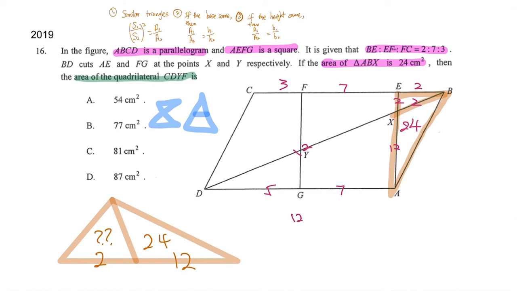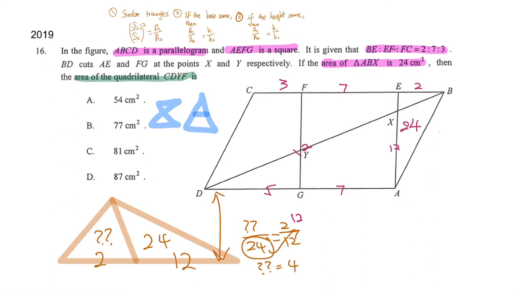So their heights are the same. If the heights are the same, then the area ratio is the base ratio. So use the calculator, just move it to the other side. You will find this as 4. So in other words, this part is 4. Okay, cool.